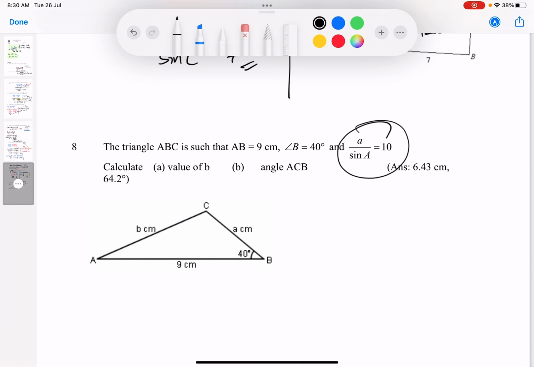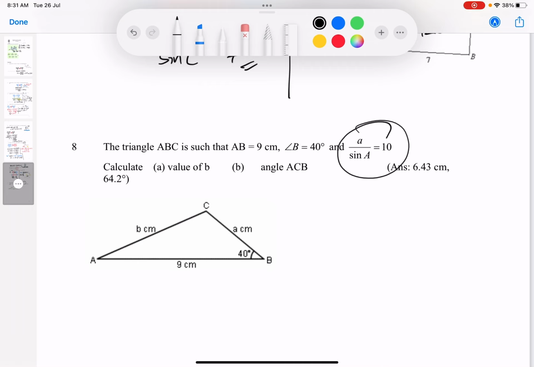Can we form a relationship? Can we form an equation based on that one? Can I give you about 1 minute to think about it first? I give you 1 minute to think about how to actually do this question, before I reveal the answer to you. I already give you a clue. Actually, they already gave you this relationship over here.